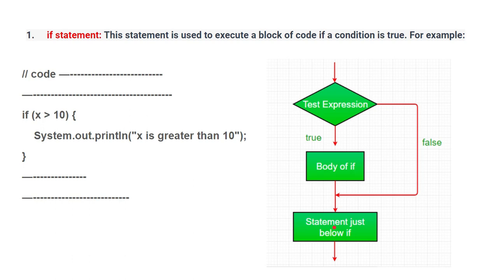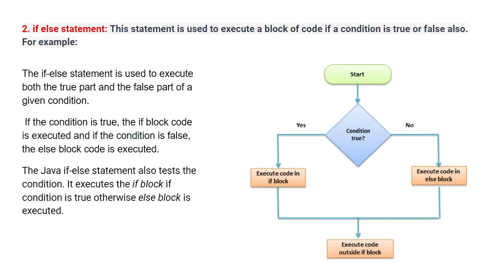Same thing if you go with the else, like the if else statement, the same thing will happen. This statement is used to execute a block of code. So here you can see this statement executes the block of code whether the condition is true or false.